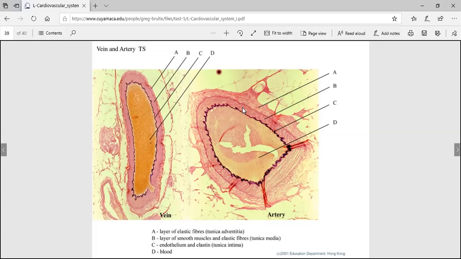What's the pointer on? Tunica media, that kind of thing. Another thing on an artery, see the way it's ruffled? That's because it has a lot of elastic fibers mixed in with the arteries. The veins, this is not a good example, but they're going to be more smooth because they don't have as many elastic fibers.